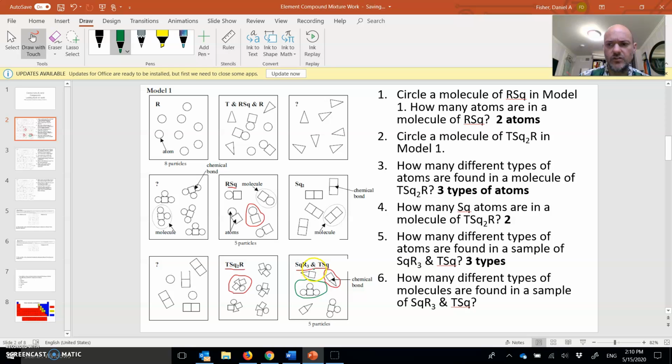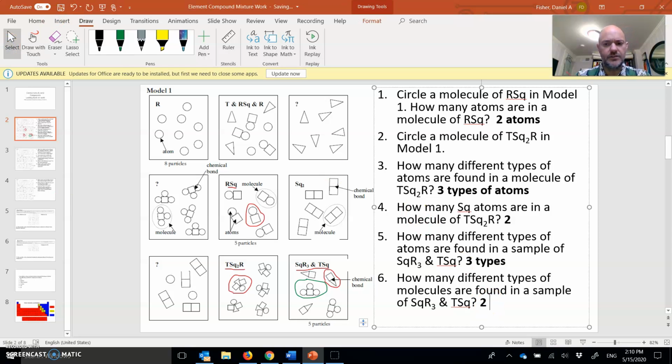That's probably SQR3, right? So when I look at this and I'm trying to think about this, I have 2 types of molecules. And I'm going to include this, 3 types of atoms, right?